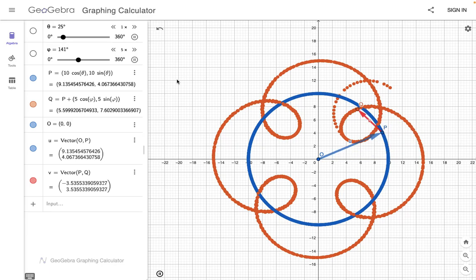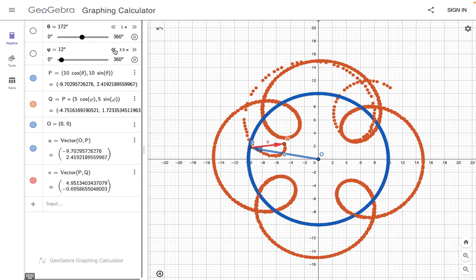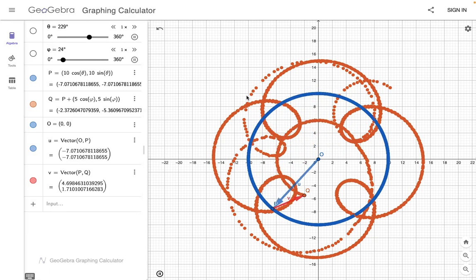If we reduce the speed of PQ, the trajectory will be different, as you can see. If we use the same speed for both angles, you will see it change.